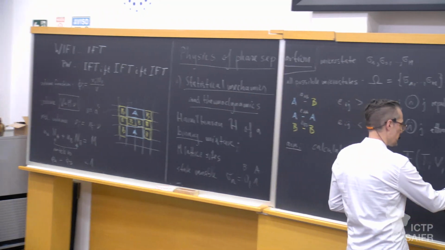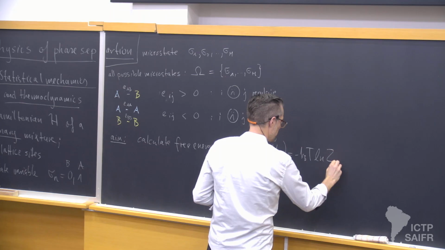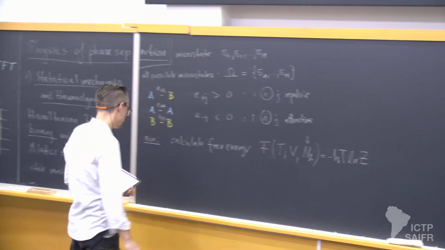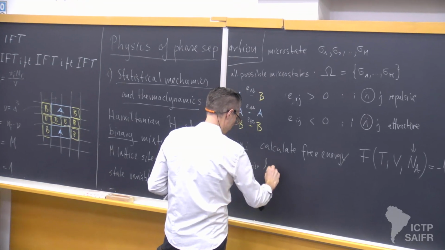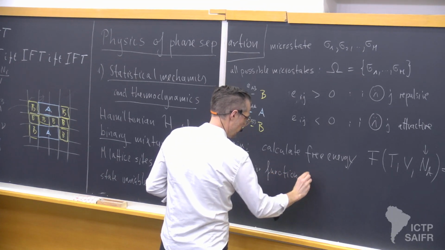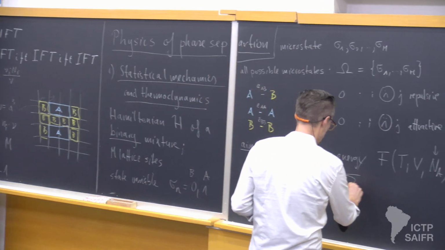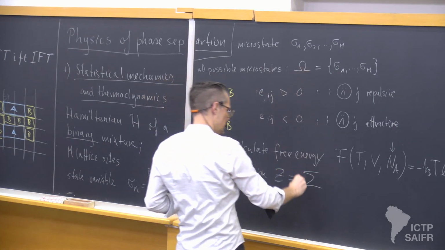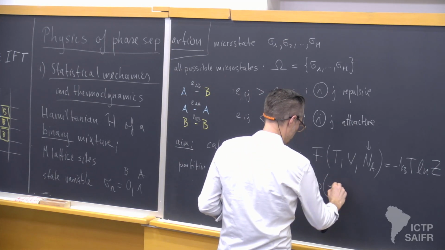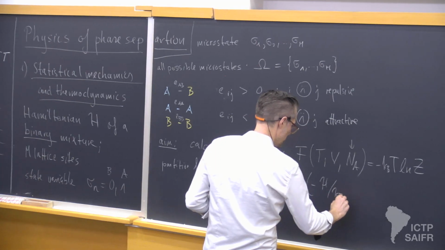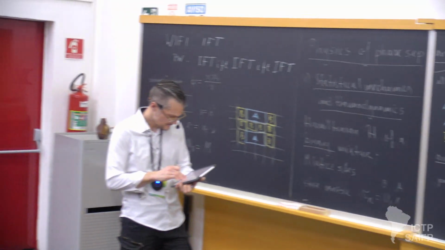And the free energy, of course, you all know, I can calculate from the logarithm of the partition function. The partition function is simply, in the canonical ensemble, the sum over all possible configurations, capital Omega, weighted by the Boltzmann factor. And for that, we need the Hamiltonian relative to k_B T. Good.